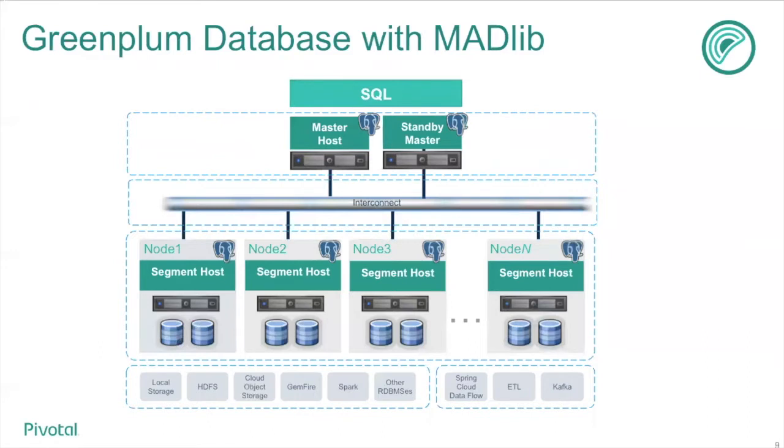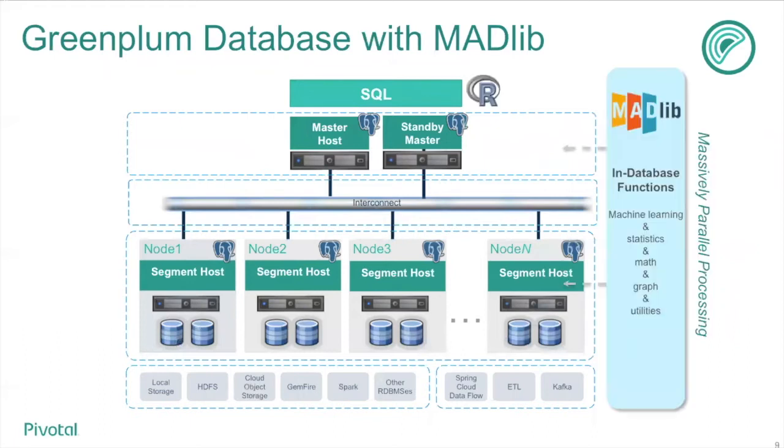This is the well-known architecture for Greenplum Database, showing the distributed nature of the master talking over interconnect to multiple segment hosts or worker nodes. Apache MADlib is a library of methods that reside in the database server that can be invoked using the SQL interface. And these methods consist of a mix of user-defined functions, user-defined aggregates, and user-defined types.